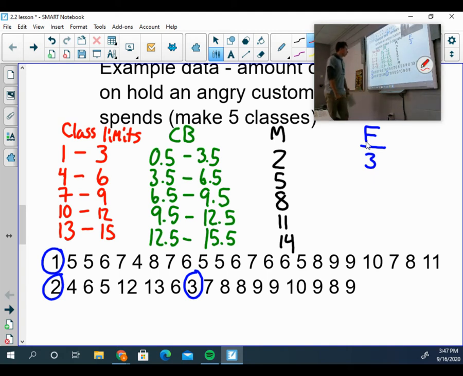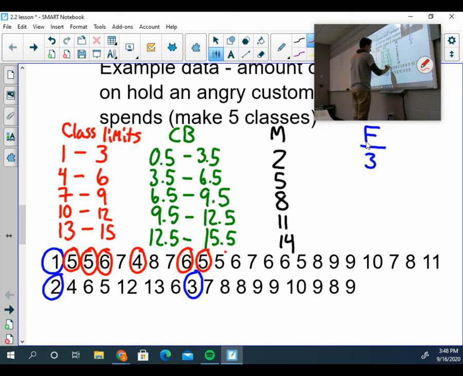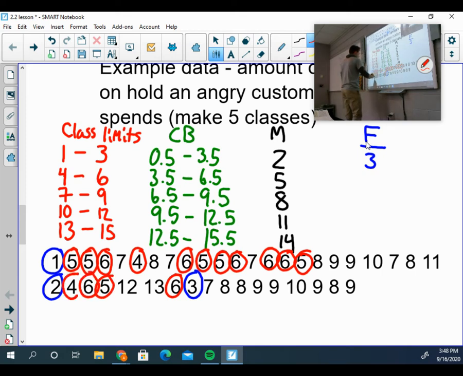Now let's do the second one. The second class is 4 to 6. So I have 1, 2, 3, 4, 5, 6, 7, 8, 9, 10, 11, 12, 13, 14, a big jump to 15 values in my second class.